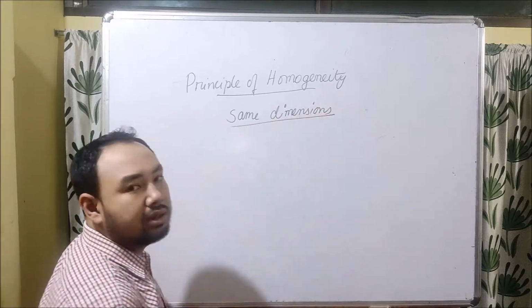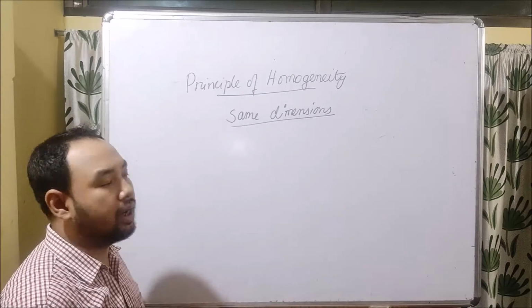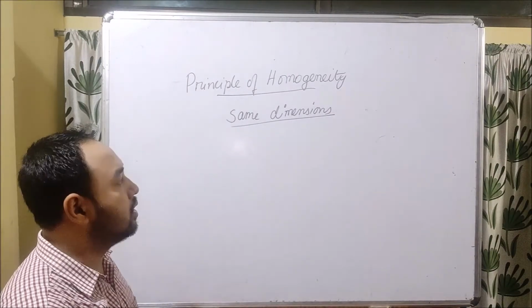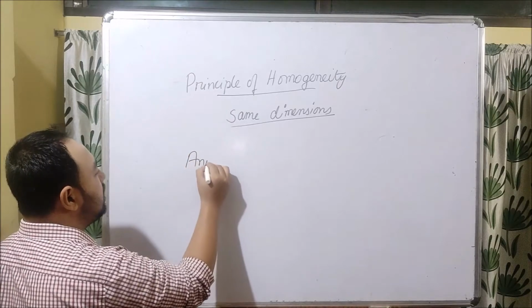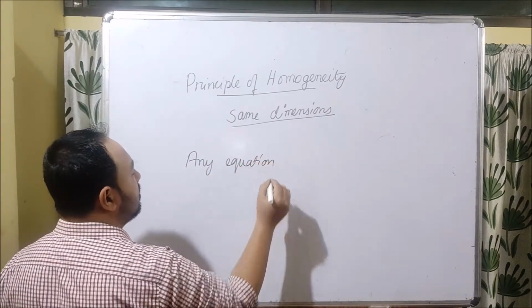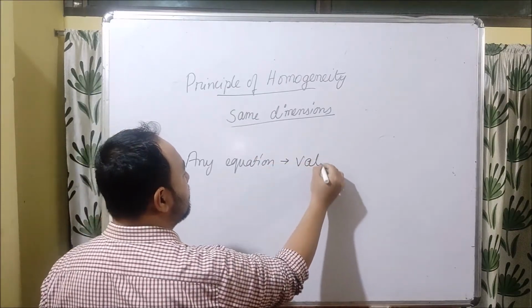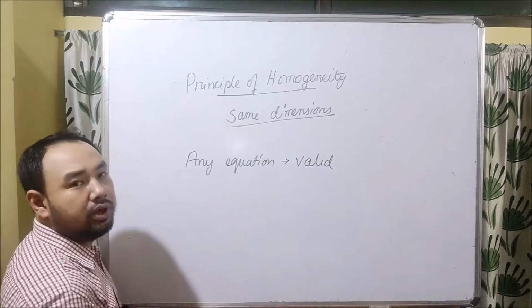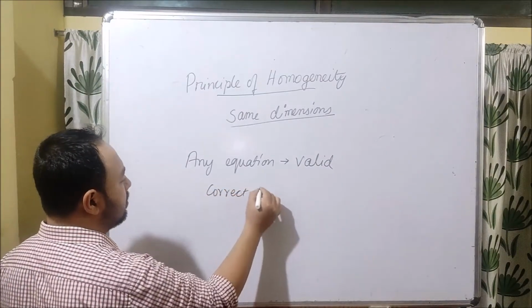If their dimensions are not the same, then we cannot add nor subtract those physical quantities. So the next point is, for any equation in order to be valid, this equation should be correct dimensionally.